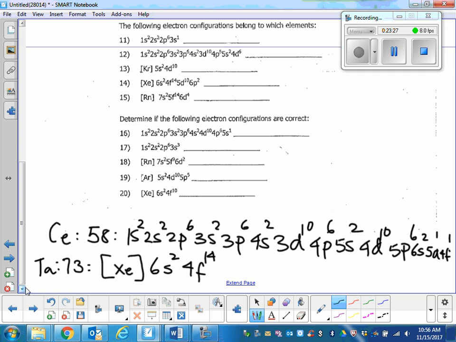Where is tantalum? 5d1, 2, 3. I'll just write at the end that it's 5d3.